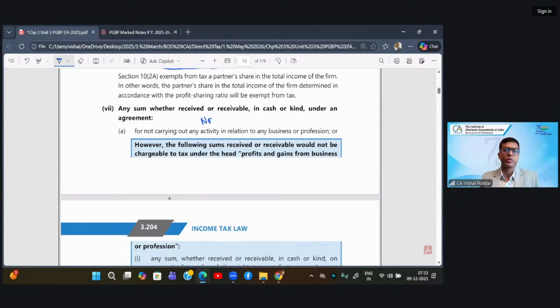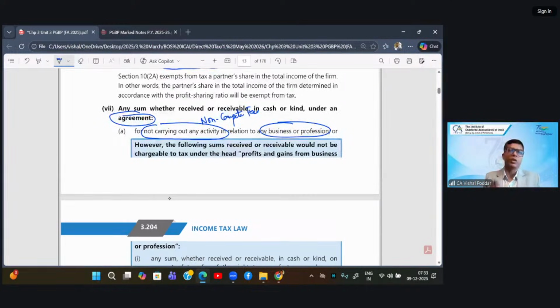This is what is non-compete fees. Now, after the new Competition Act, you are allowed to legally enter into an agreement whereby you agree not to carry out any activity of business or profession. So let us say I'm starting a cafe in a particular area where there is some established big cafe or a big restaurant.